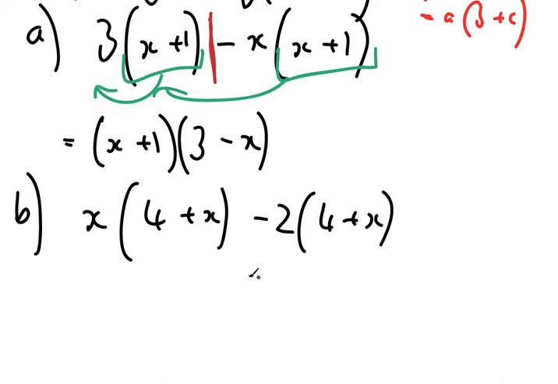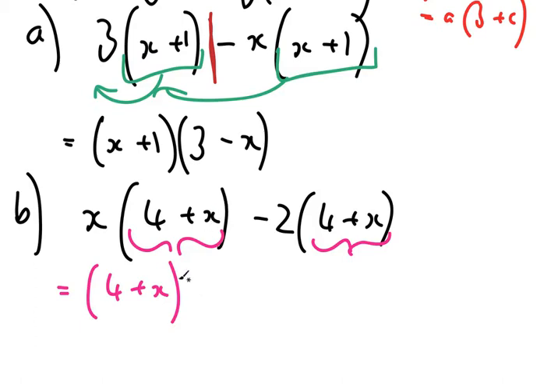So what you want to recognize here, given there's two sets of brackets, is that there is a common factor. A common factor here, 4 plus x. Common factor here, 4 plus x again. So my common factor comes out the front. 4 plus x, his old friend x. Okay, so now that's my common factor.